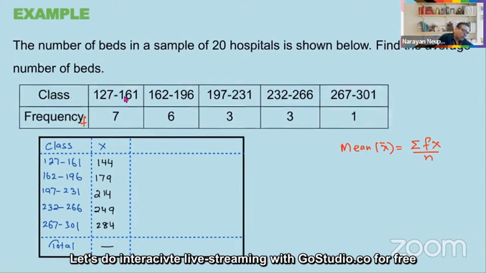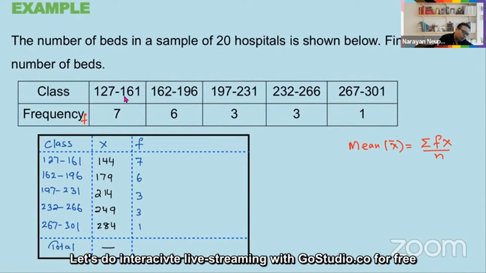Let me write those frequencies given. Frequencies are 7, 6, 3, 3, 1. And if you add all the frequencies, that will be your n. In this case, if you add all frequencies, that is equal to 20.